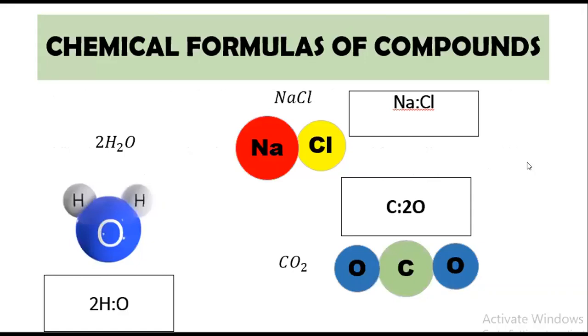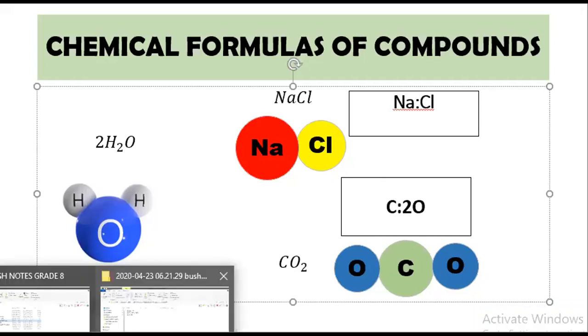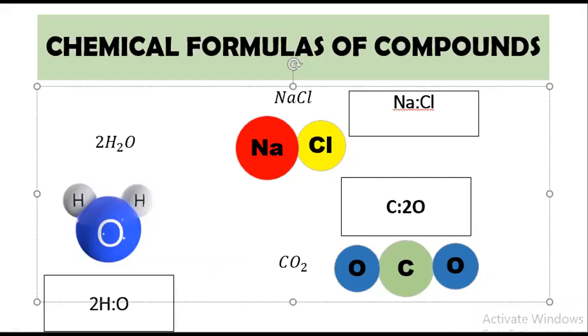We come to the chemical formulas of compounds, right? So if we look at water over here, we know that water is made from hydrogen and oxygen atoms. Okay, and we have NaCl over here. Who can tell me what NaCl is? Anyone has an idea?